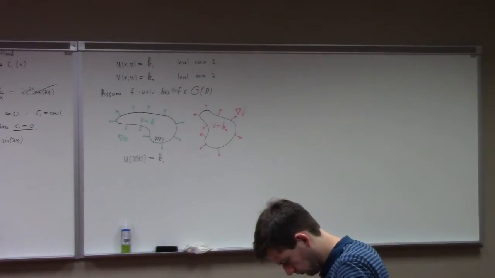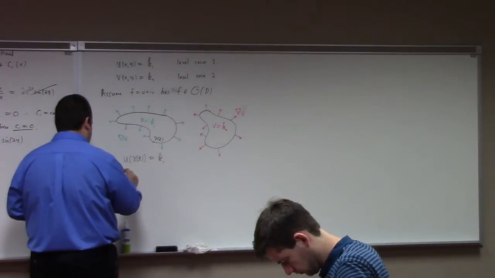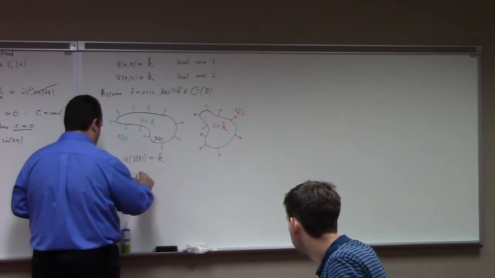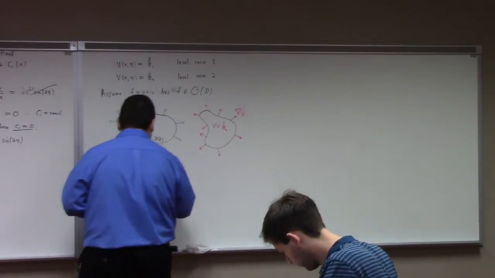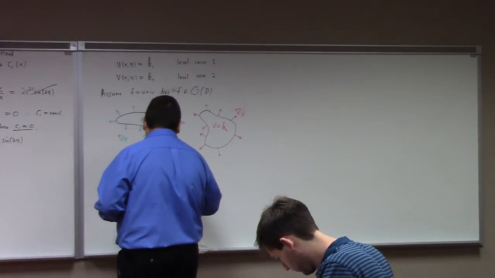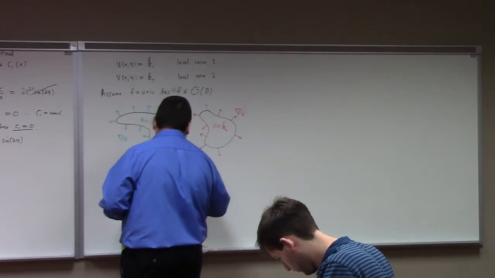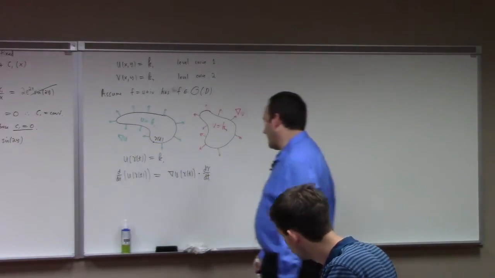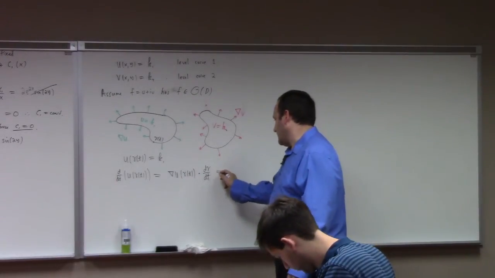When I differentiate this, I get the chain rule. The chain rule tells me that if I differentiate with respect to time, I get the gradient of u at gamma of t dotted with d gamma dt. Of course, that's also equal to 0 because k1 is a constant.